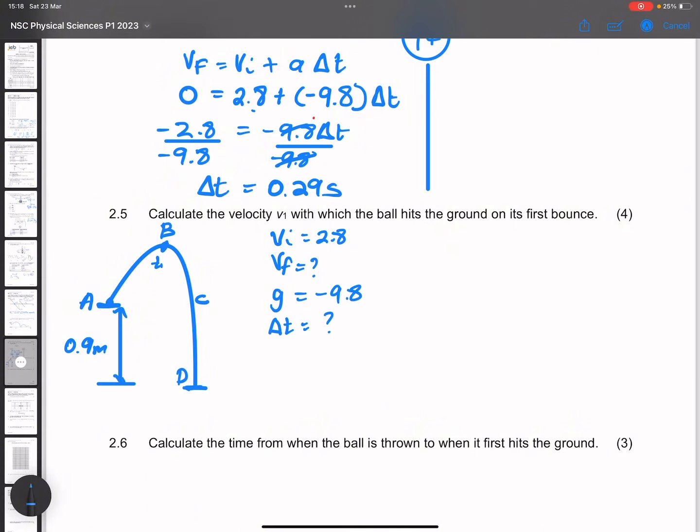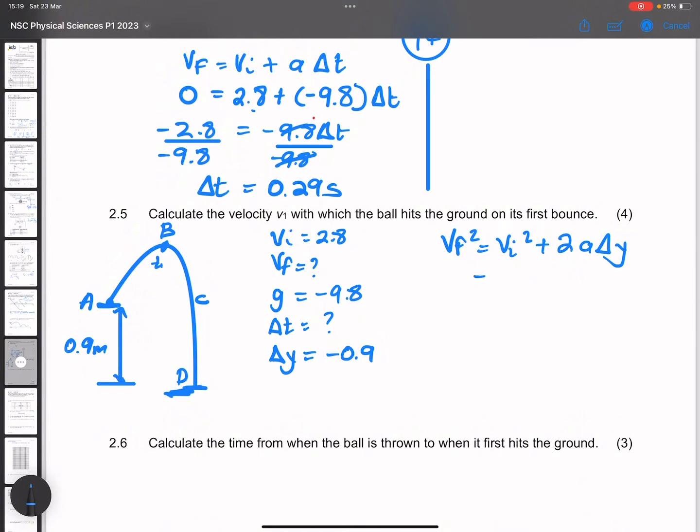Remember, we can't say 0.29 because we're talking about, in this case, when it lands on the ground, right? So the displacement in that case would be negative 0.9 meters. Why? Because it's displaced downwards, right? So now I'm going to use the only equation without time, vf squared, that's vi squared plus 2 times a delta y, right?